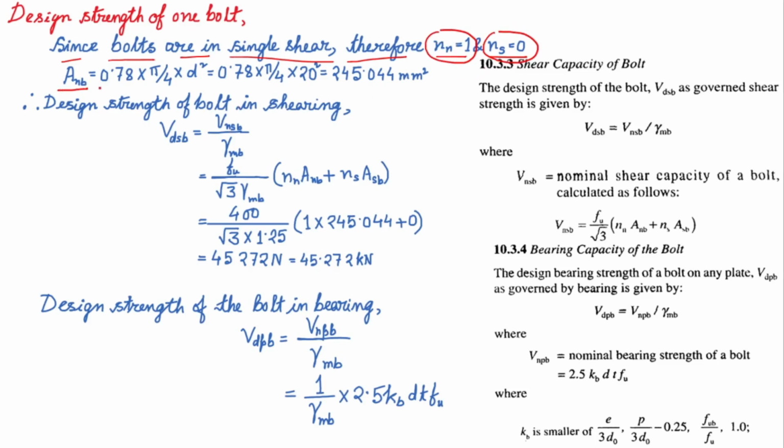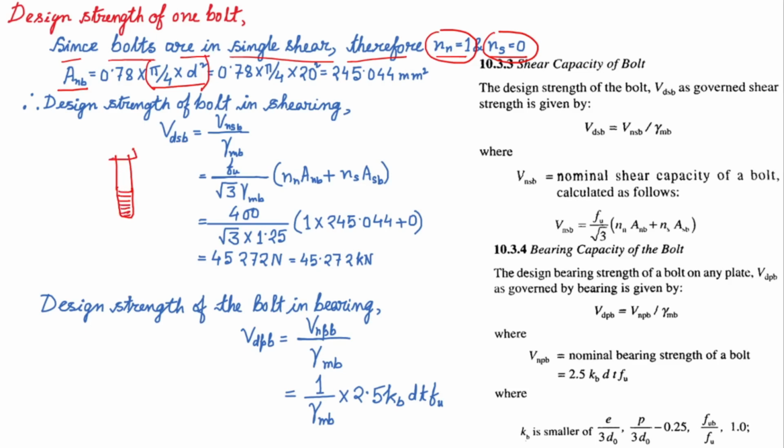Now Anb is the cross sectional area of the bolt at the threaded portion. So it is taken as 78% of the cross sectional area of the bolt. This is the actual cross sectional area of the bolt. Okay, because if it is a bolt, the lower part is the threaded portion.